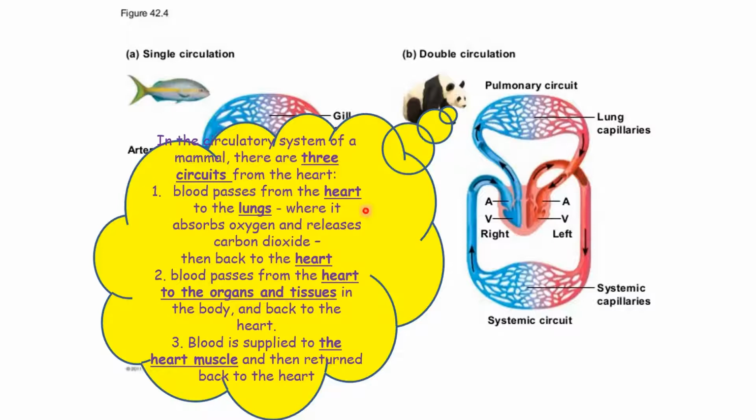So these are basically the differences between single circulation and double circulation. Mostly we are focusing on the systemic circuit and the pulmonary circuit. But yes, heart muscle has its own blood supply as well, because these metabolic processes go on there as well, and the heart needs to be supplied by the coronary arteries.